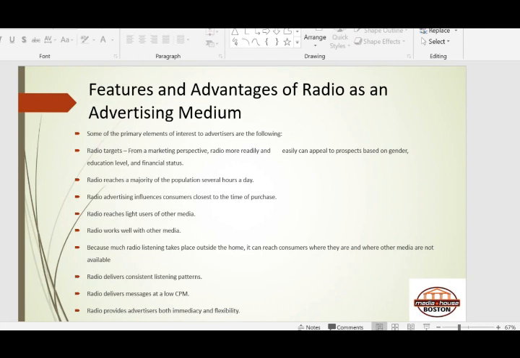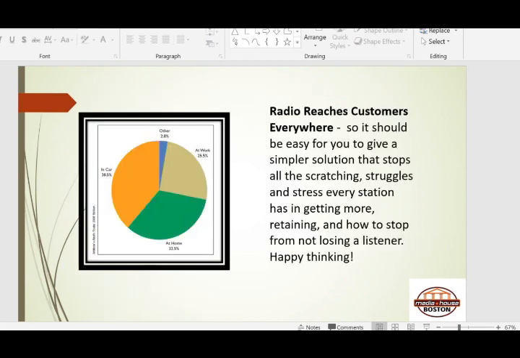But anyway, CPM is basically understanding that it's cost per every 1,000 people, money wise, right? So radio provides advertisers both immediacy and flexibility. I'll say quickly, because it's a follow up.